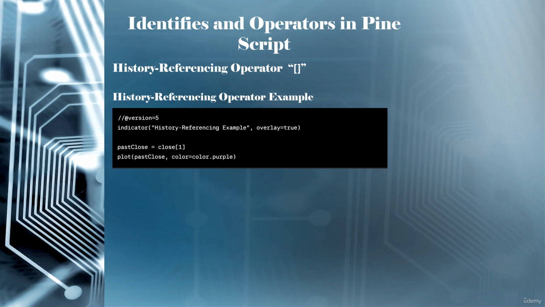It means that we take the previous bar value of close and we assign it to the past close variable. We could use another number inside of the brackets. Let's say we use the number 5. In that case, we assign the close value of 5 bars back to the past close variable. This is how the history referencing operator works.